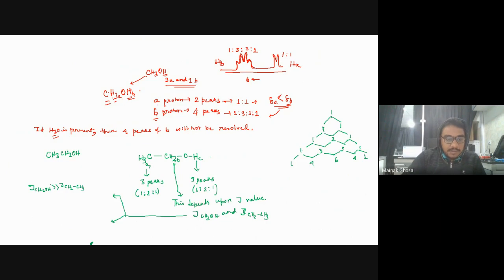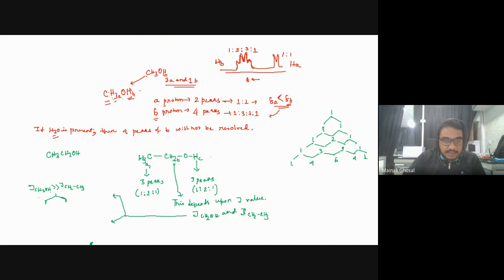So what will happen? First coupling will happen with this one OH. So these two will couple with these two. So there will be how many peaks? Two peaks. First two peaks will be there, and then these two peaks. So this is one. This will be in two peaks.